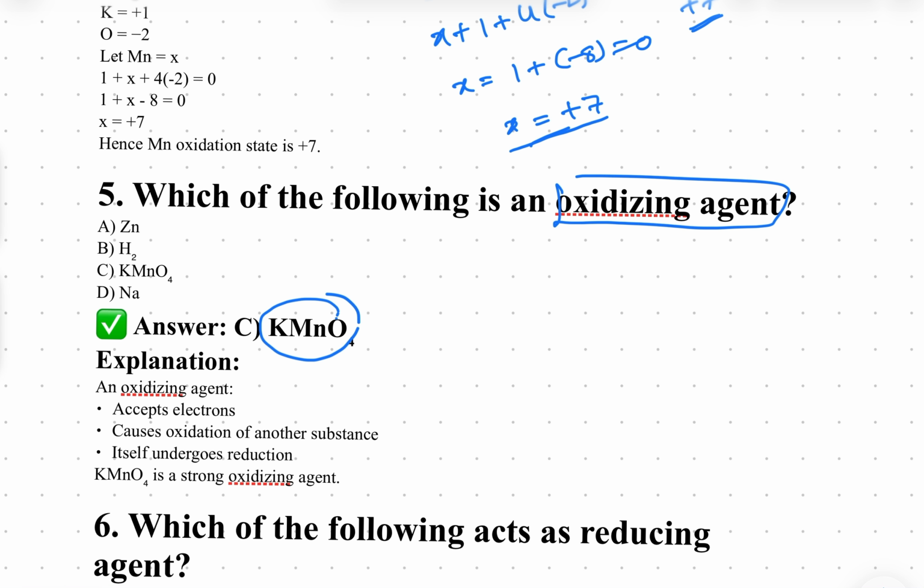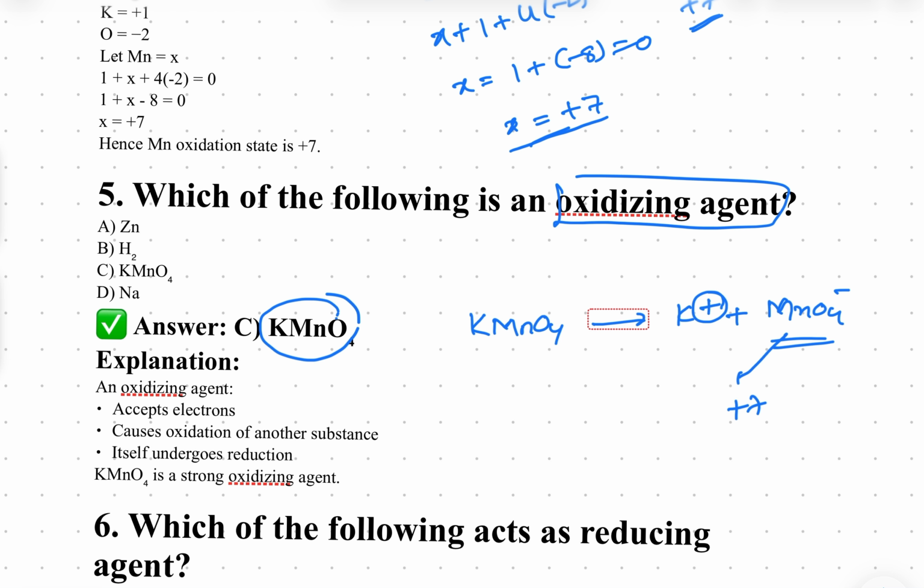Strong oxidizing agent. For example, you can take KMnO4. We can split it: K plus and MnO4 minus. Now what happened here? In KMnO4, K is plus 1, and the oxidation state of Mn is plus 7.